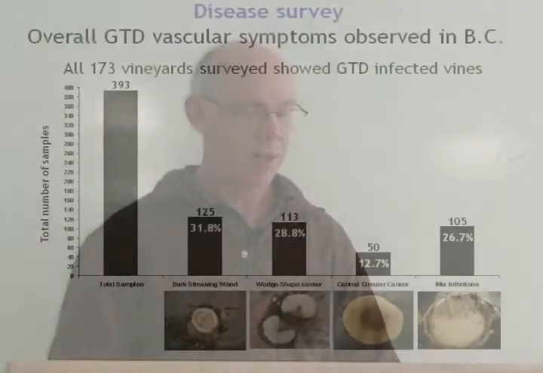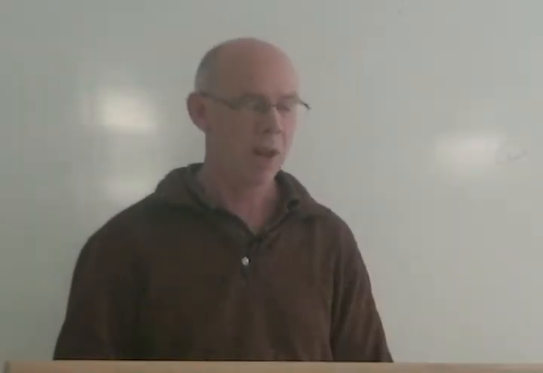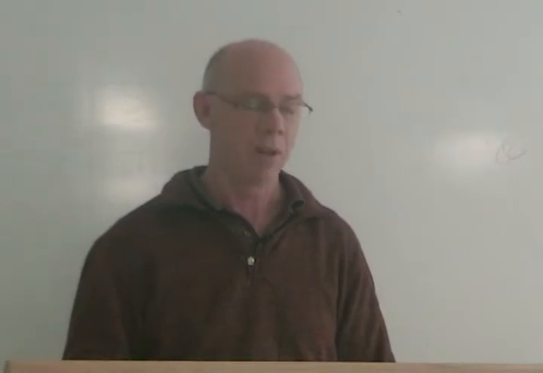Here's an overview, and we can see that there are three main problems: the dark streaking of the wood, the wedge-shaped cankers, and also a mixed infection where you have canker and dark streaking occurring in the same sample. These three were the most predominant, about 30% each, with no significant difference between them, with internal circular cankers showing up at a much lower rate, about 12% of the vines.